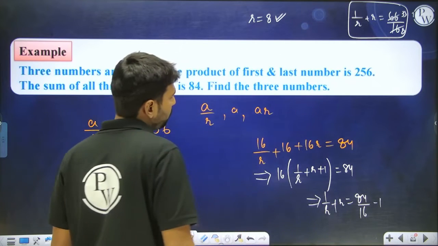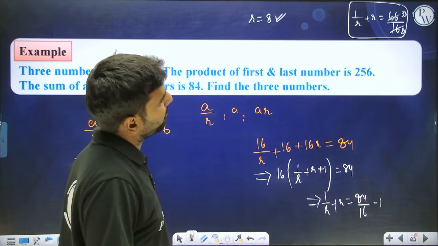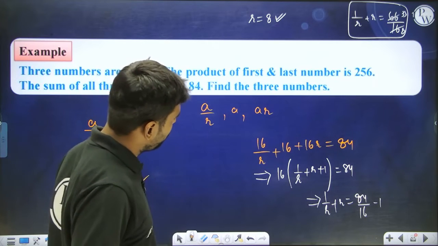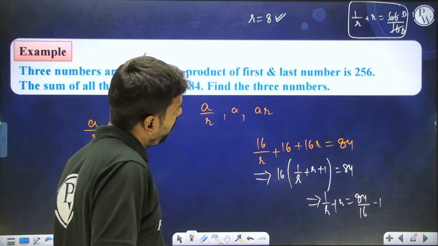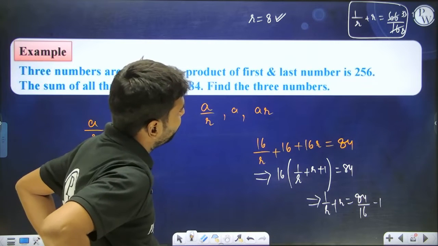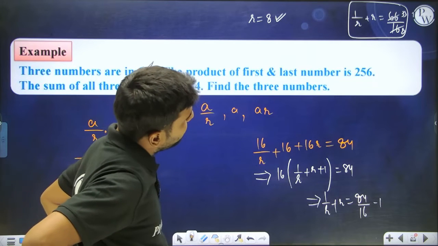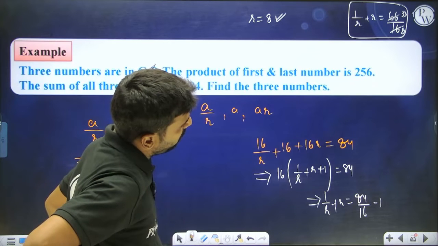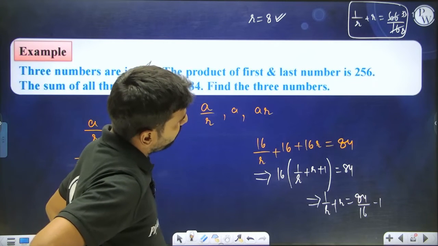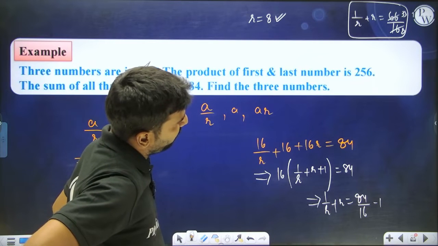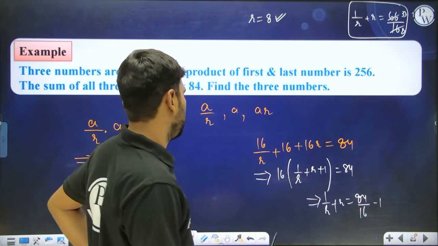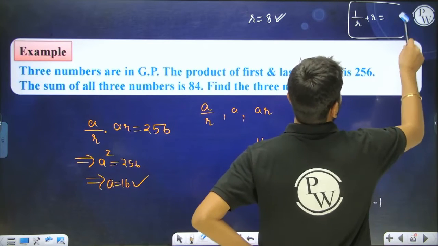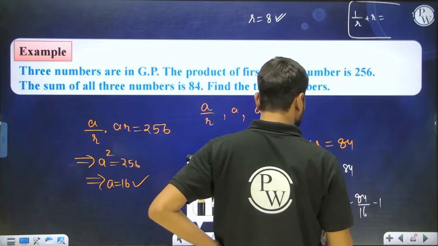Wait a minute. 84 by 16 minus 1 is 68 by 16. 68 by 16 it will be.